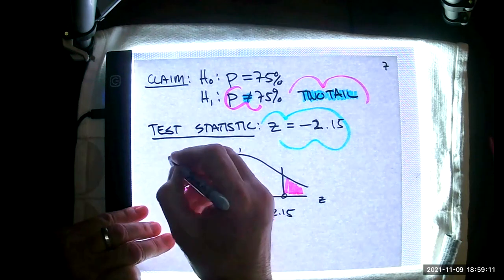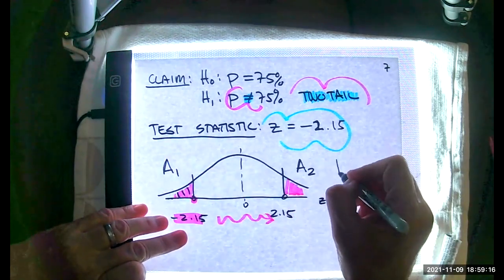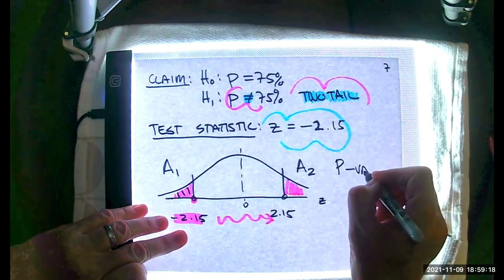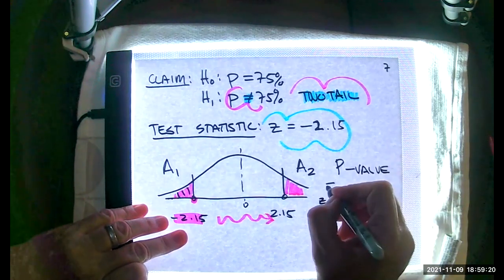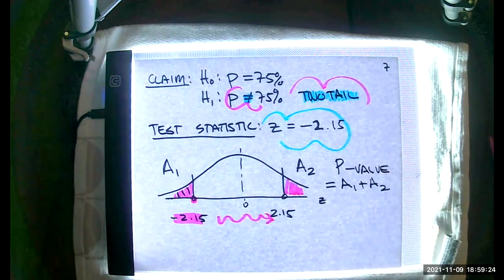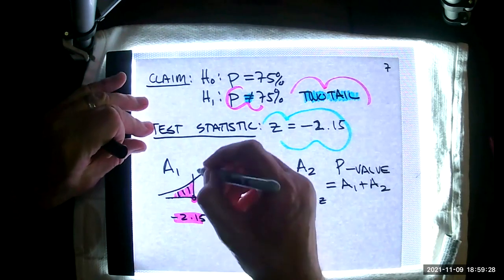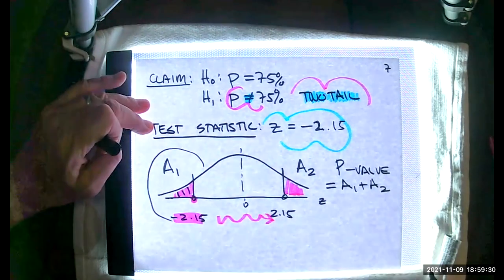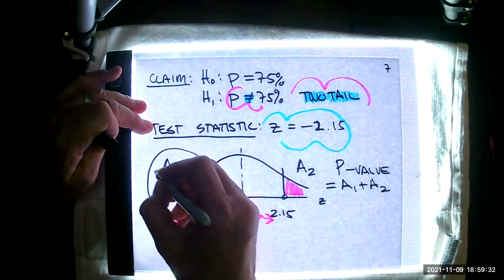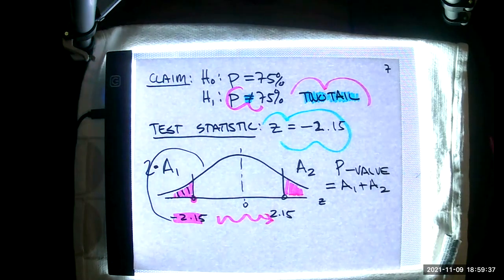I'll take area 1 and area 2, and my p-value equals the sum of those two areas. Now, it's a symmetric graph, so really what I just need to do is take that first area and multiply it by 2. That'll find me my p-value because of the symmetry of the graph.